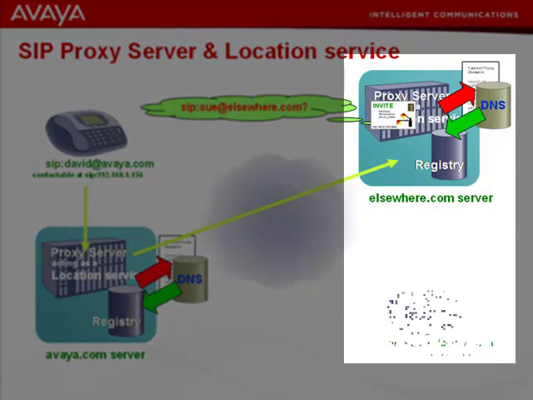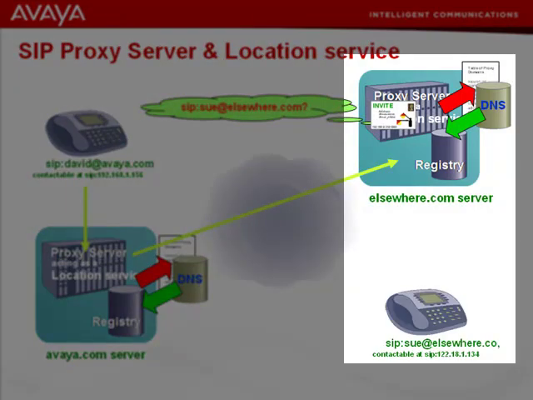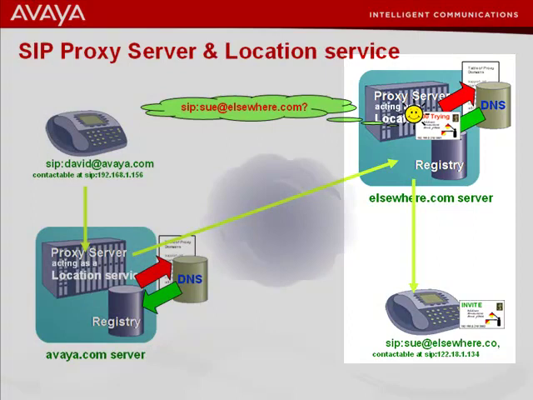The registry looks up and returns the fact that Sue is registered and that she is contactable in this location. So the server, having just acted as a location service, now acts as a proxy and forwards that invite downstream to Sue's contact address, following which of course Sue responds directly with her 100 trying.